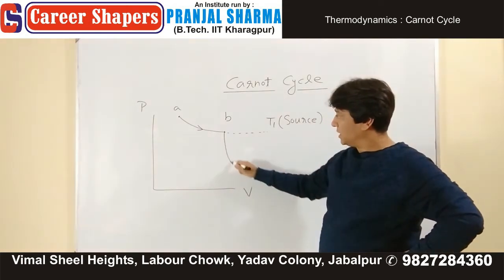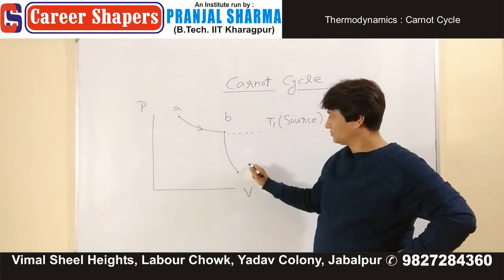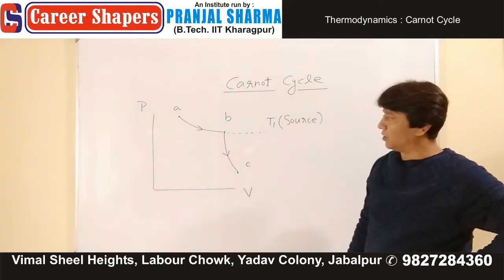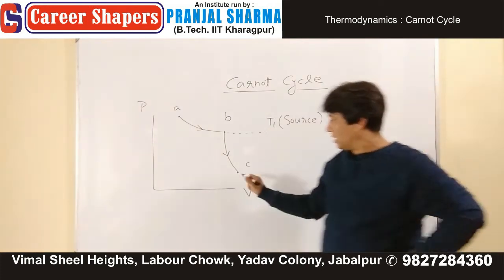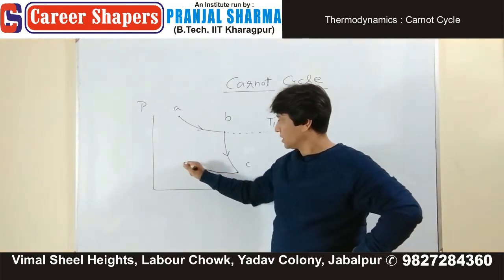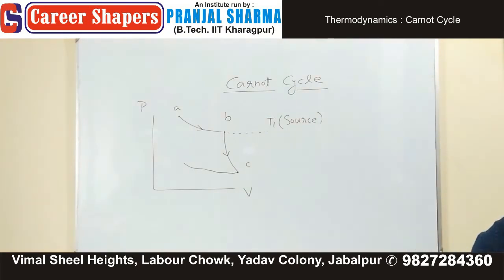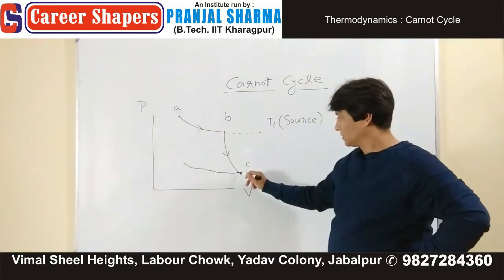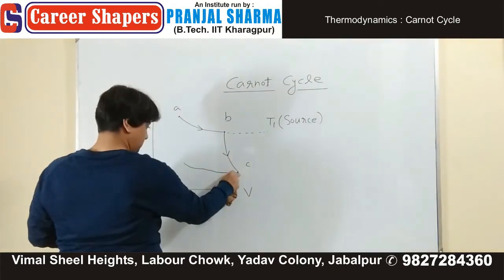The second component is an adiabatic part running from B to C. From B to C, again you are increasing the volume without supplying any heat. Then you compress it, and when you compress it at constant temperature T2, this is isothermal compression.